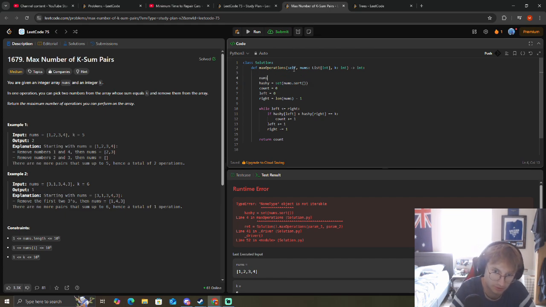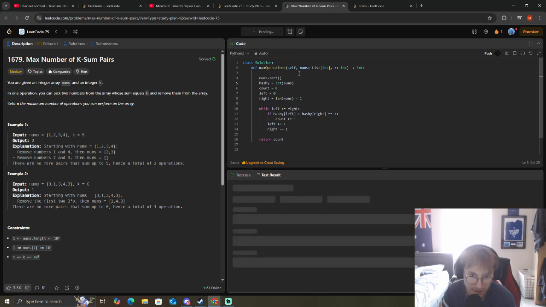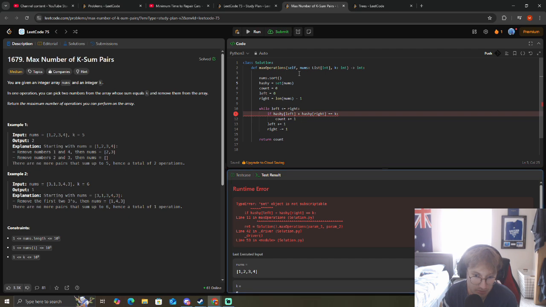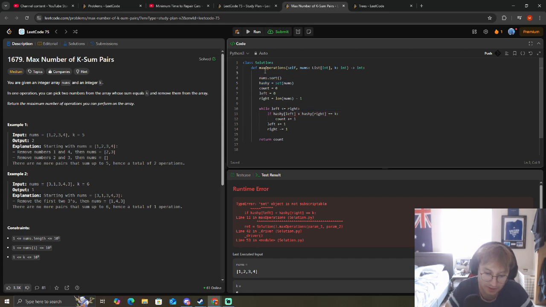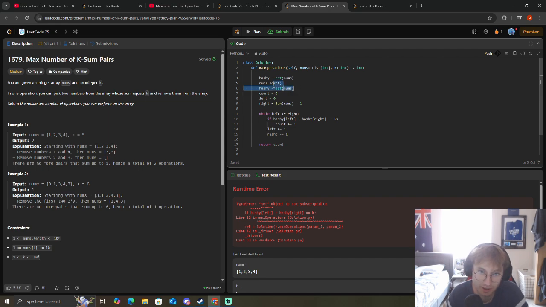Okay, what if we just do nums dot sort? We just pass in our nums here. Is that the reason why it's not iterable, or is the hashy not iterable? It's not subscriptable. Okay, this is crazy, but what if we pass in the set nums, right?